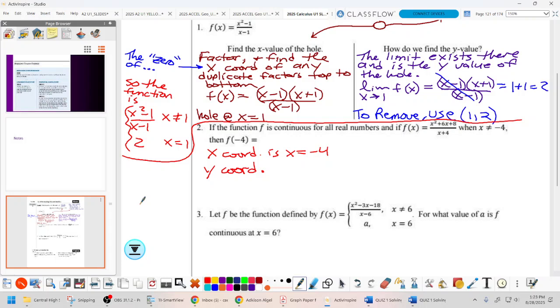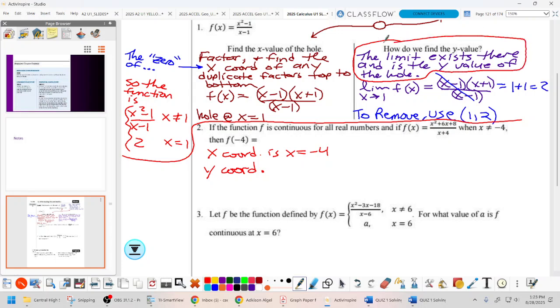What did we just write up there? No, we can't plug it in, because that would just make this 0. Factor. Before we factor, what do we need to write? What does that say right up there? This is always true.